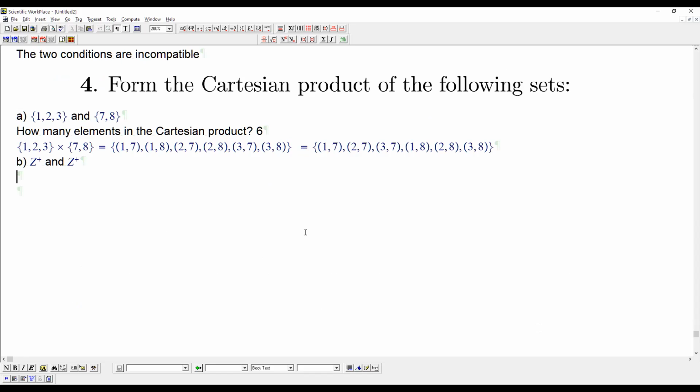By the way, Z plus are the positive integers. Let me just check whether they include the 0 or not.